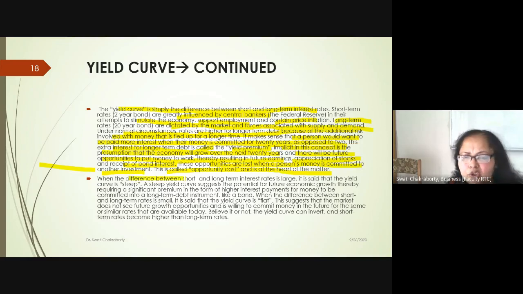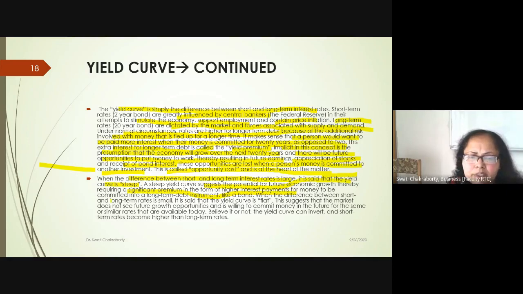When the difference between short term and long term interest rates is large, that's where we say, as we discussed earlier, that the yield curve is steep, right? A steep yield curve suggests that there is potential for future economic growth. There's enough scope, which means it requires a significant premium in the form of higher interest payments for money that needs to be committed when someone makes a long-term investment, for instance a bond.